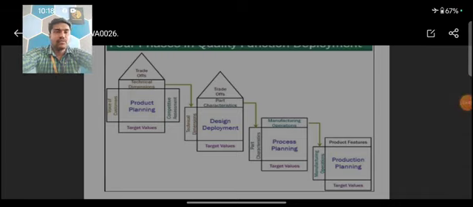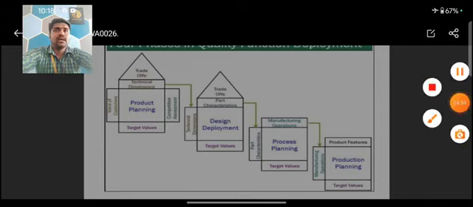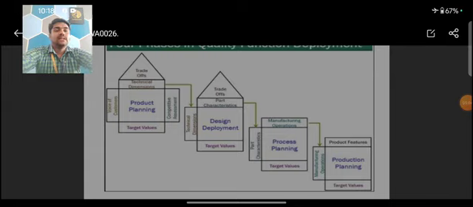It has to reach the customer at the required time. If the customer expects the product to be delivered today, it has to be delivered in that manner. Otherwise, even if the product quality is good and the brand is good, if the customer is not getting the product at the expected time, it will be a loss.